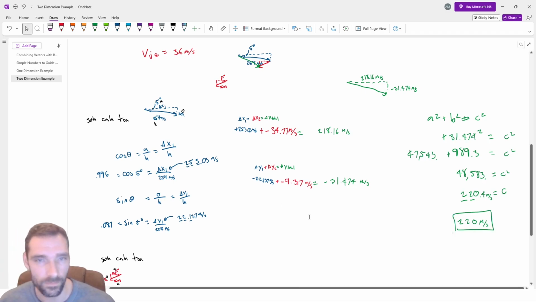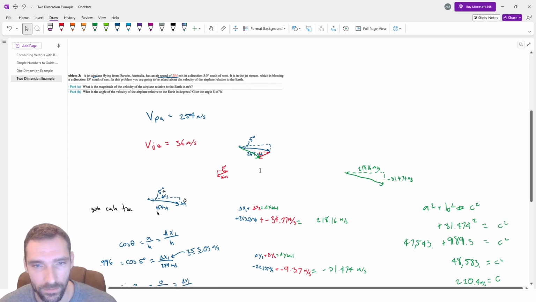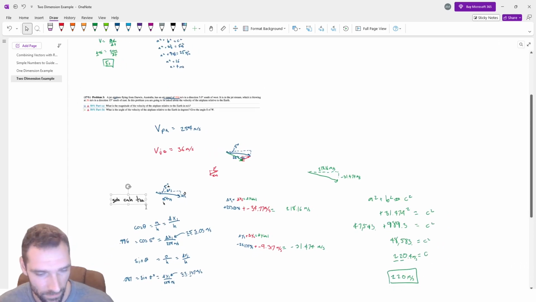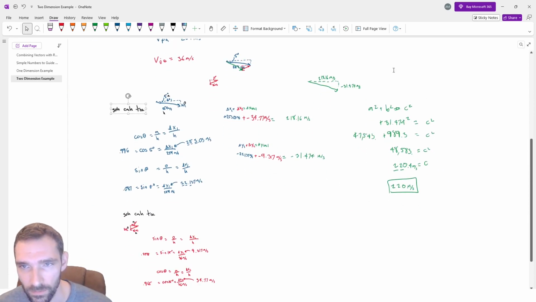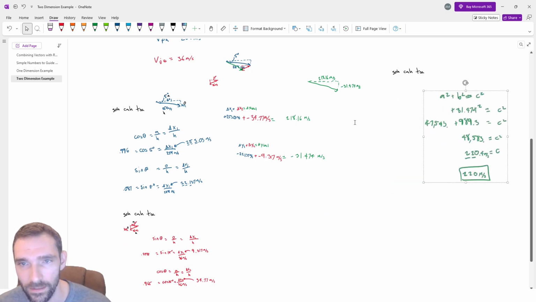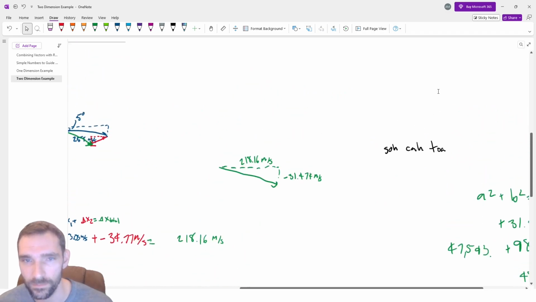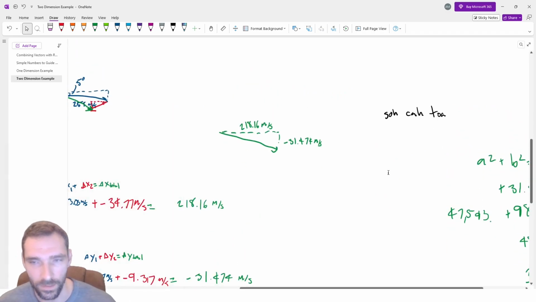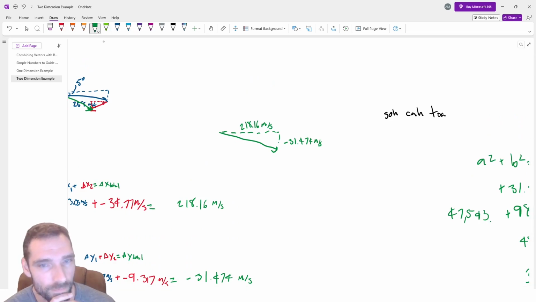And then for the angle, you can pick any of your SOHCAHTOA functions here to work with to get that. It's not too bad of a calculation. So let's go ahead and just pick one.